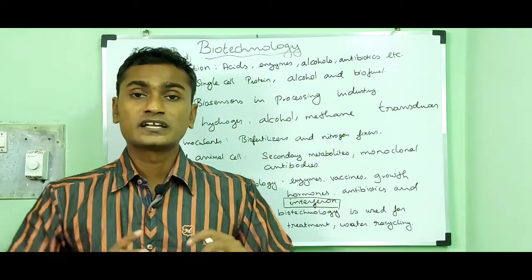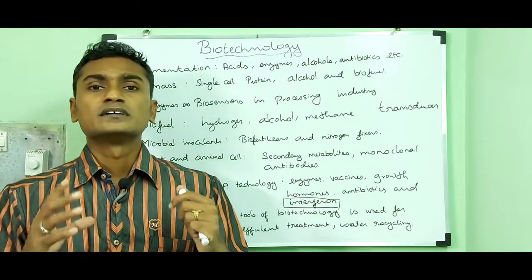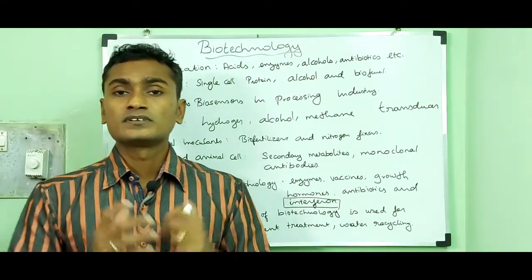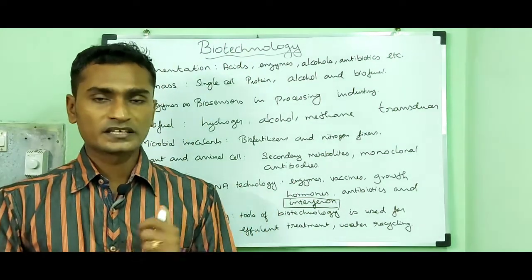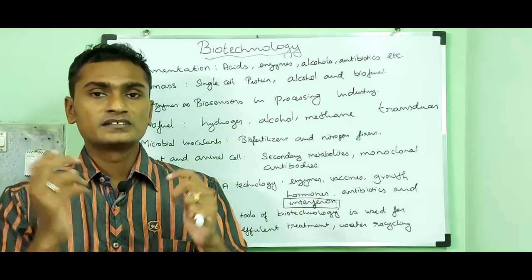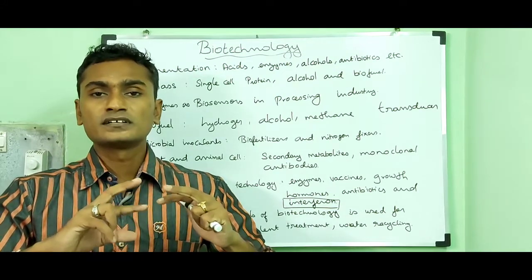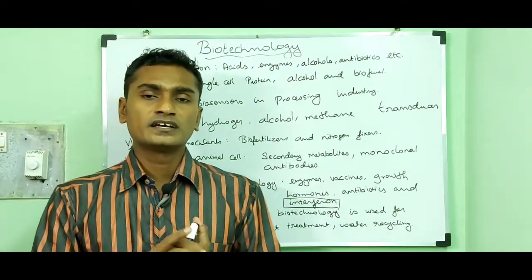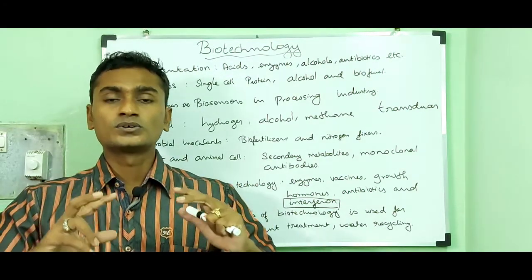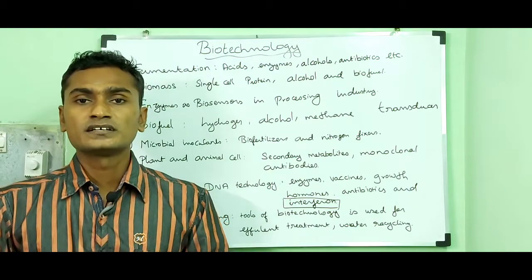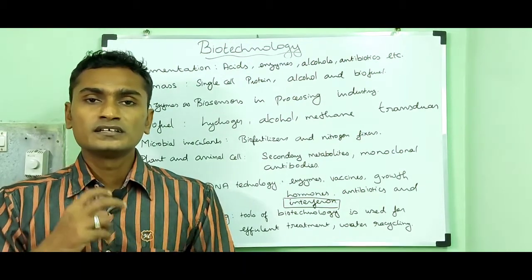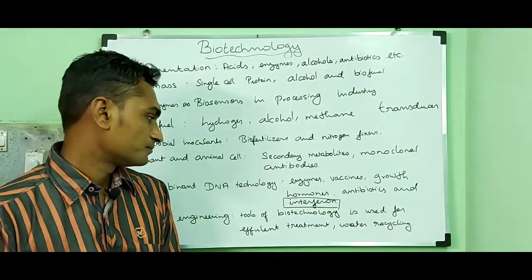By vectors, it can produce the desired value added product, because every 20 minutes E. coli gets multiplied. So this plasmid contains the desired gene, and it can integrate with the E. coli DNA, and it can produce the value added product insulin. So every 20 minutes we can get a copy of insulin.